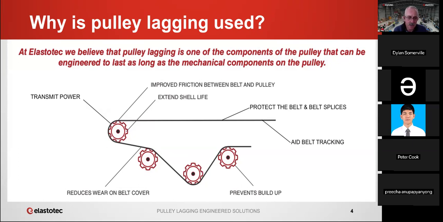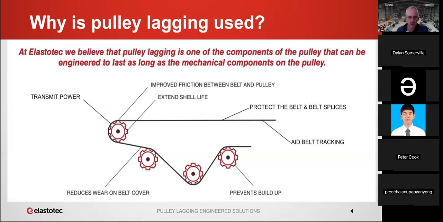It also is there to reduce wear on the belt cover and the pulley, and it's to prevent build-up from carryback on the pulleys, and also to help aid belt tracking. The interaction between pulley lagging and the conveyor belt is very important, and it's a critical part of optimizing the service life of both the belt and the lagging.